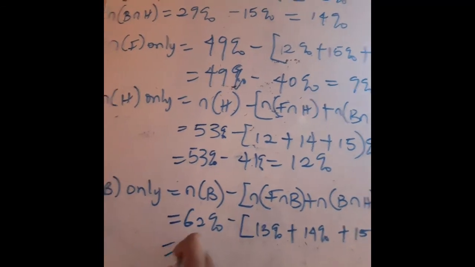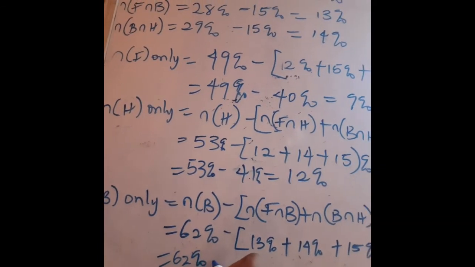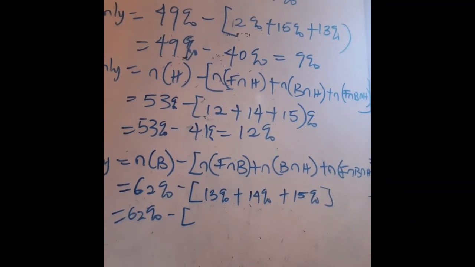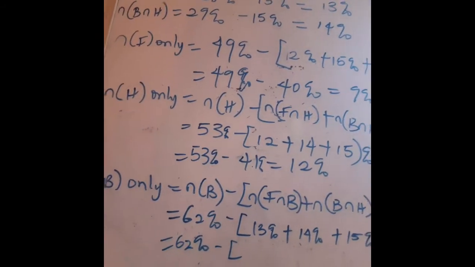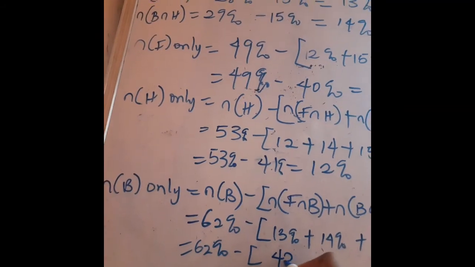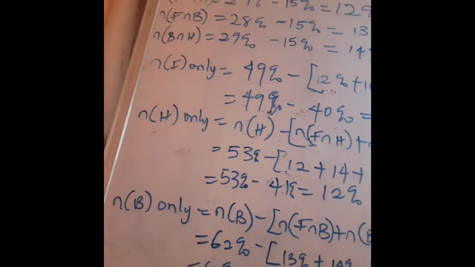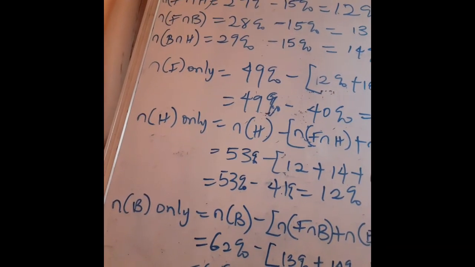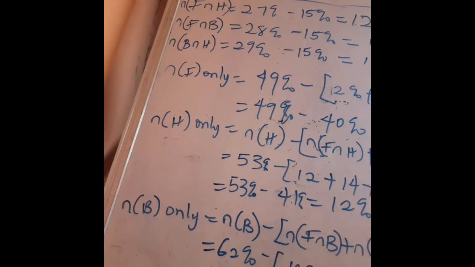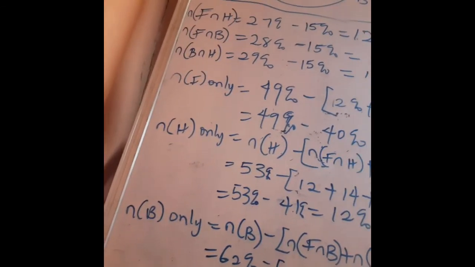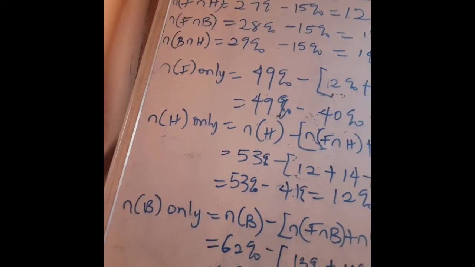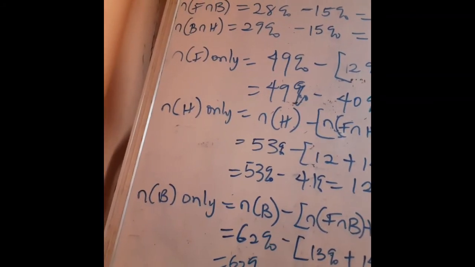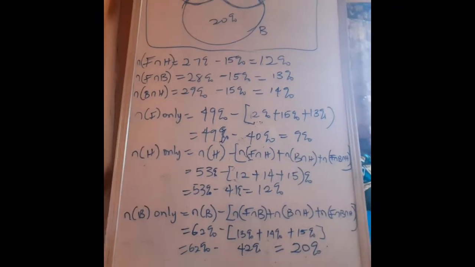So let us add this and see what it gives us. See, it gives us what we have here. So 13 plus 14 plus 15 gives us 42%. And as you can see, the answer here is 62 minus 42, which gives us 20%, which is what we have here.